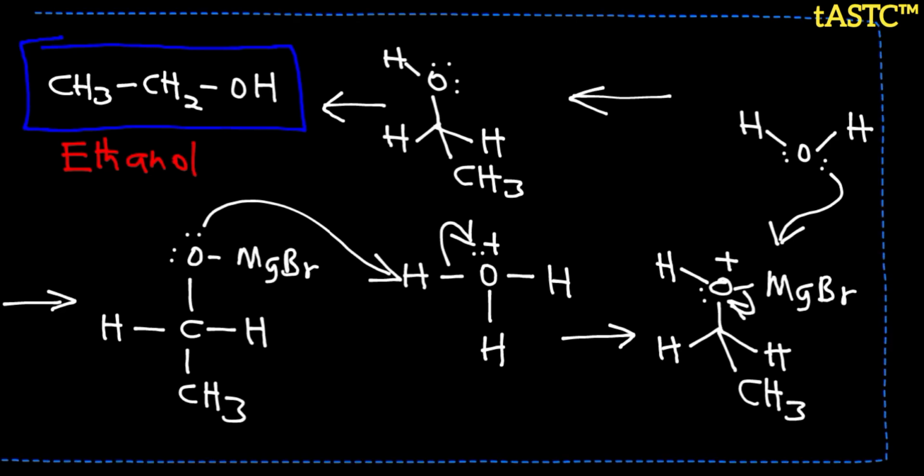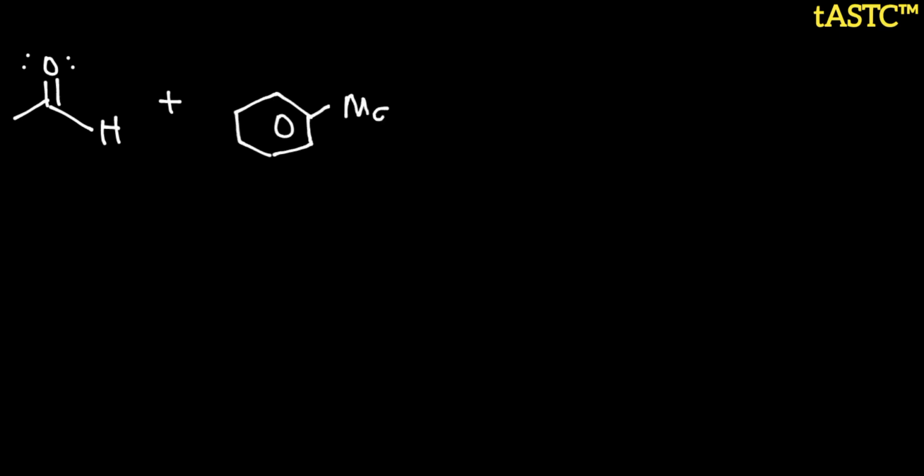Now next up, let us look at the reaction between a higher form of the aldehydes with the Grignard reagents. So let us say in this case you actually have acetaldehyde. So this is the structure of acetaldehyde, and let's say in this case you actually have phenyl magnesium bromide reacted with the system.